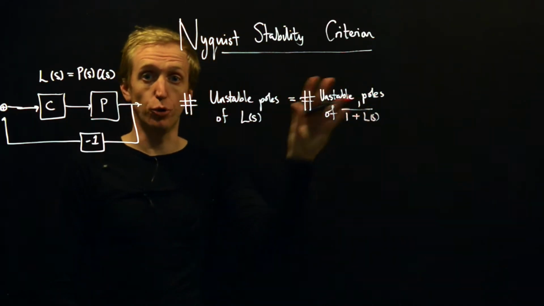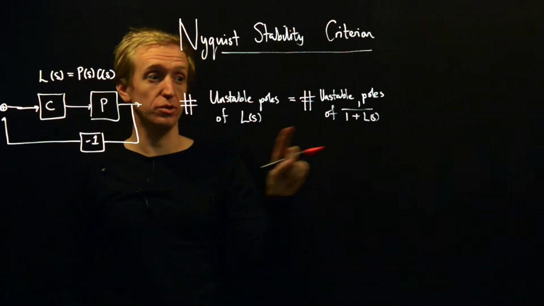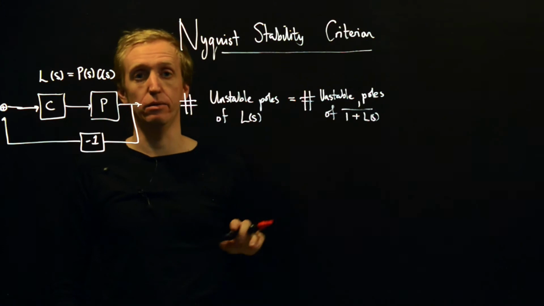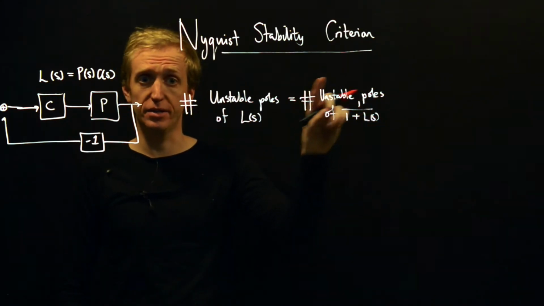And I'm sure you're all familiar now that all of the closed loop transfer functions have 1+L in the denominator. So these are the closed loop unstable poles.